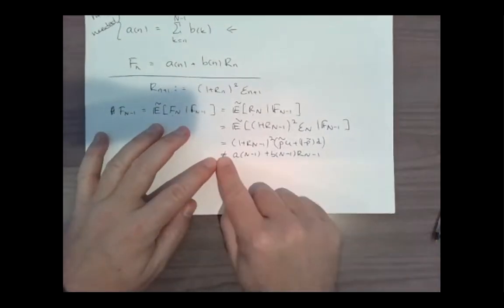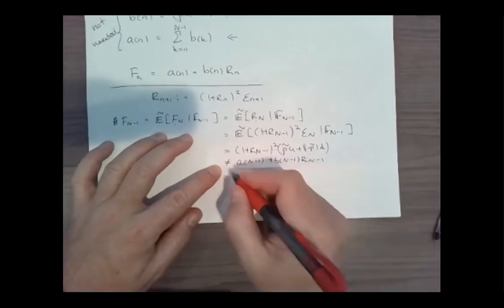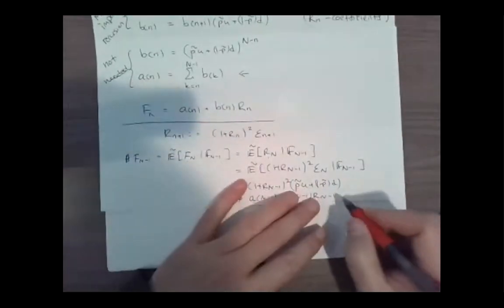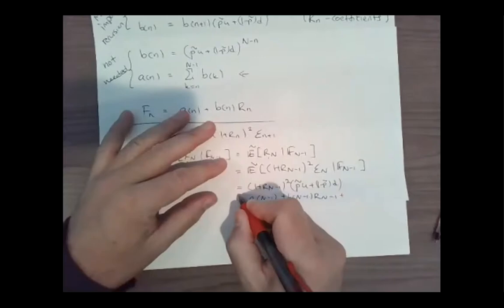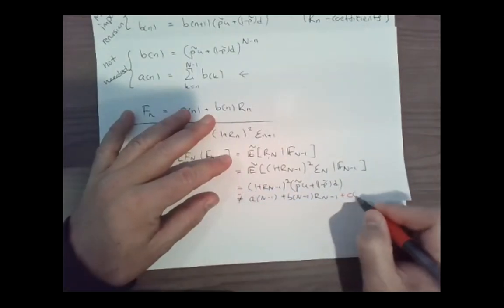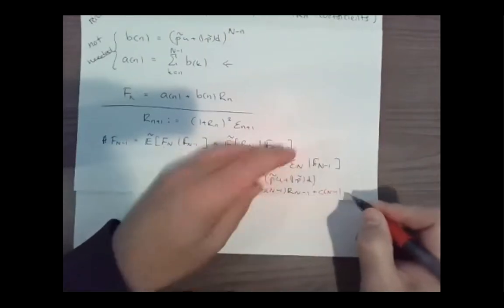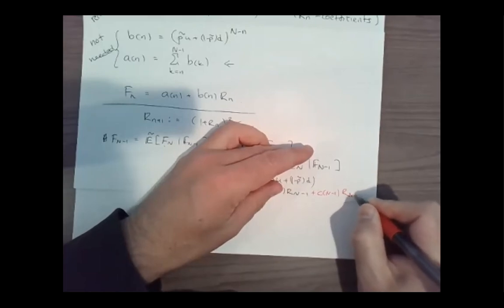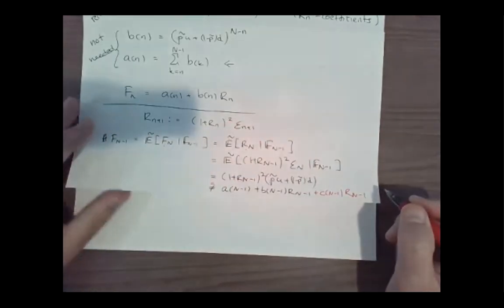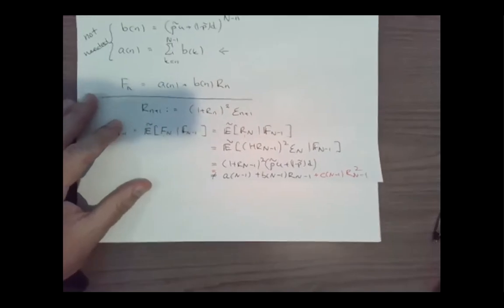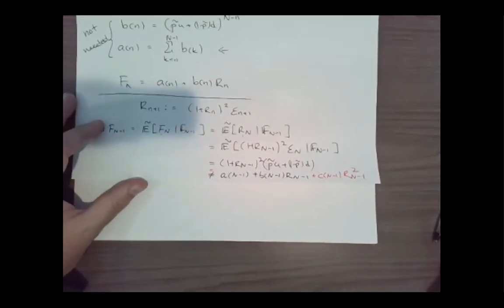Okay, so that's not true. But if you want to make it true, R_{n-1} squared, yes, as well. Very good. So this would be a c. So depending on what R_{n+1} is, you could transform f_n. Yes. That makes sense.